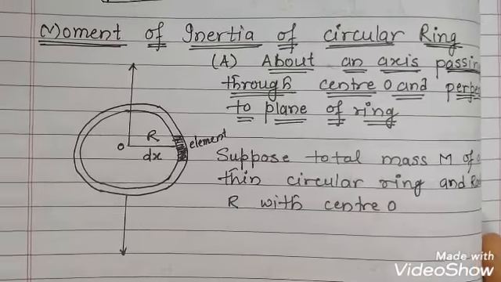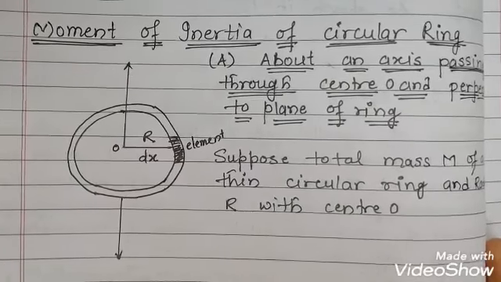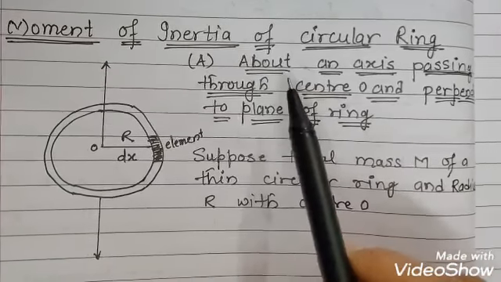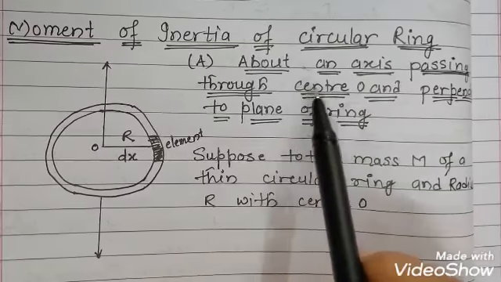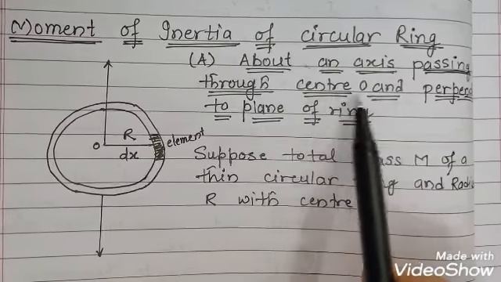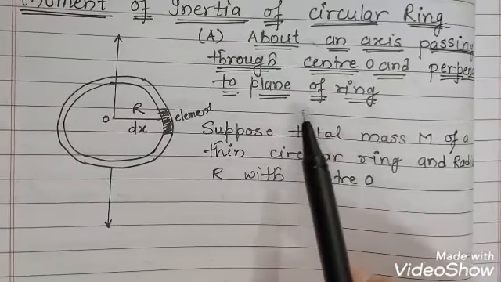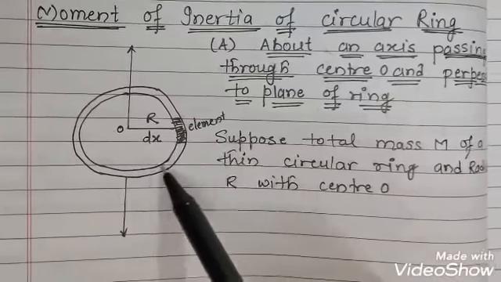Now moment of inertia of circular ring. We'll see 4 cases in this. The first case is when we are taking the moment of inertia of a circular ring about an axis passing through the center O and perpendicular to the plane of the ring. So for that we have considered here a very thin circular ring.